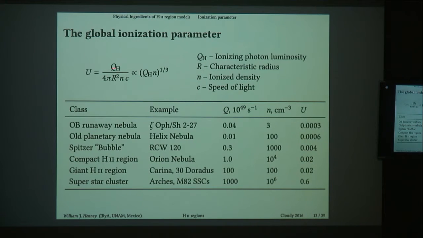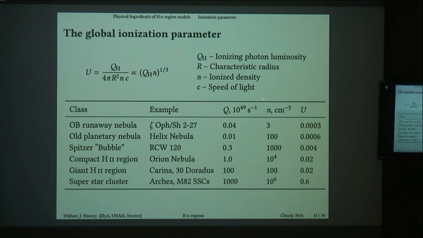It's basically the ratio of the density of ionizing photons to the density of ionized gas, and it's given by this form. In particular, if you assume photoionization equilibrium and an ionization-bounded region, you can show that it's proportional to the product of the ionized density and the ionizing luminosity to the power of a third. So more luminous regions and denser regions tend to have higher ionization parameters.